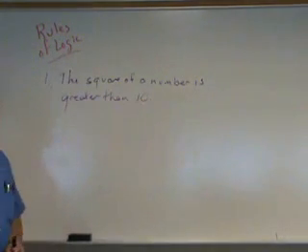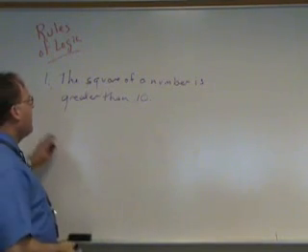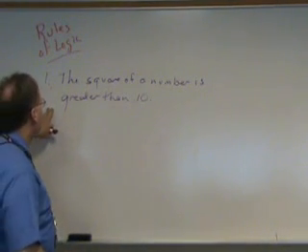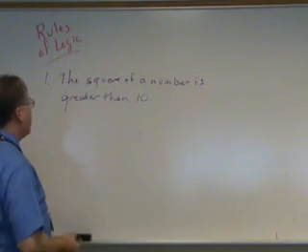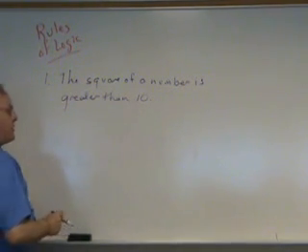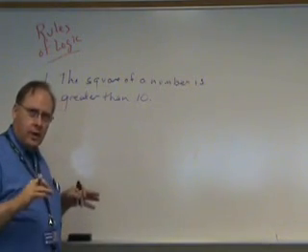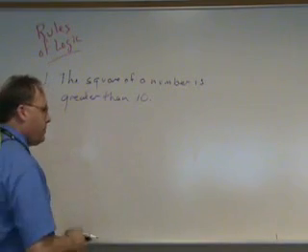Well, now let's see whether or not that's true. Now remember, this is an "is greater than 10." So this is essentially saying it's all the time greater than 10.